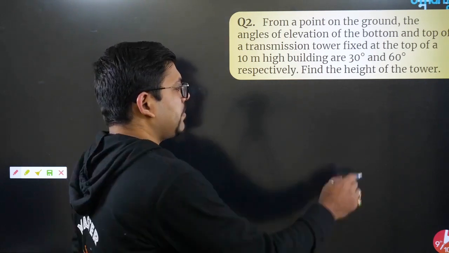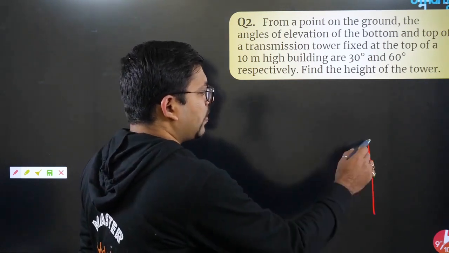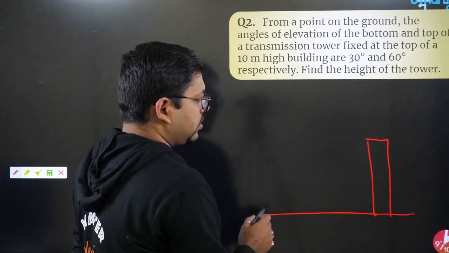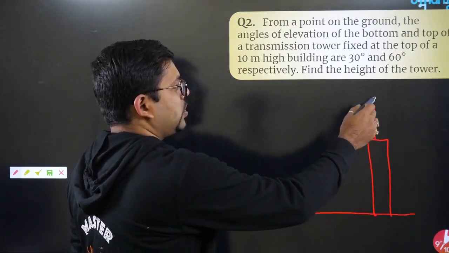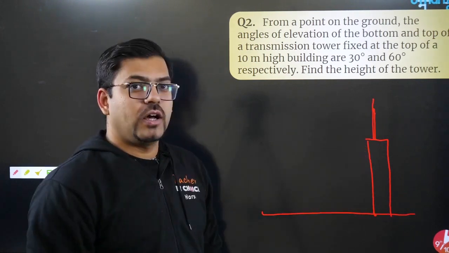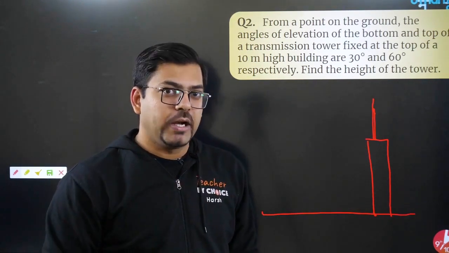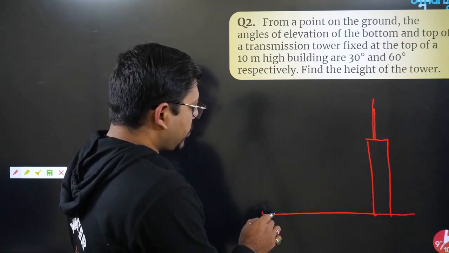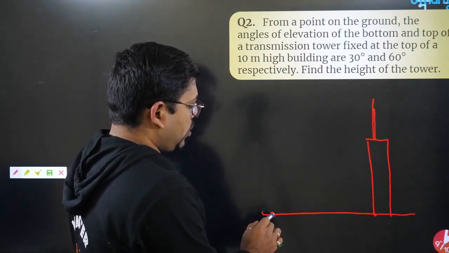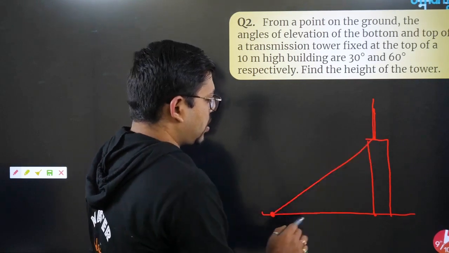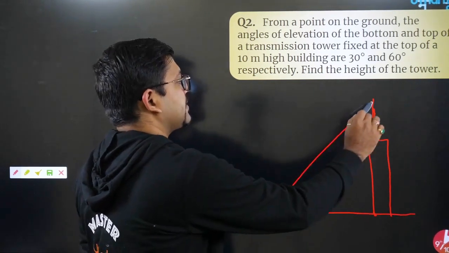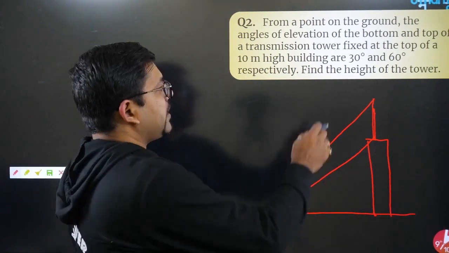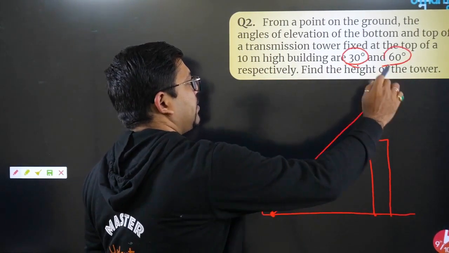It simply means that you would have seen tall buildings having telephone towers, Airtel ka, Jio ka. Those big antennas are installed on the top of the building, and someone is watching it from this point. If someone watched the bottom of the antenna and then the top of the antenna, the question says that one time the angle of elevation is 30 and another time it's 60.